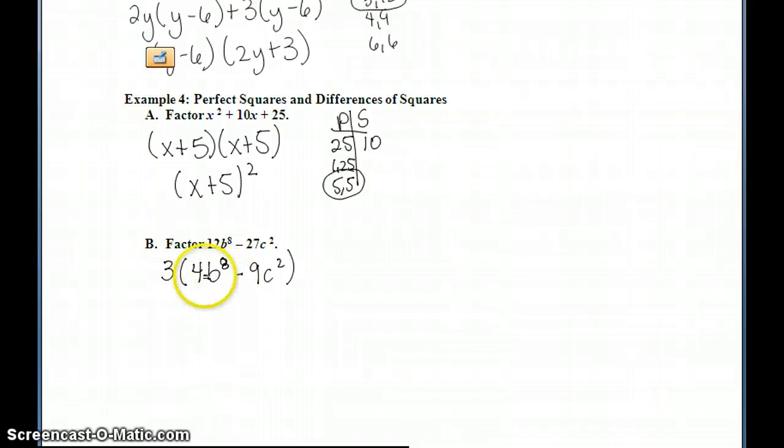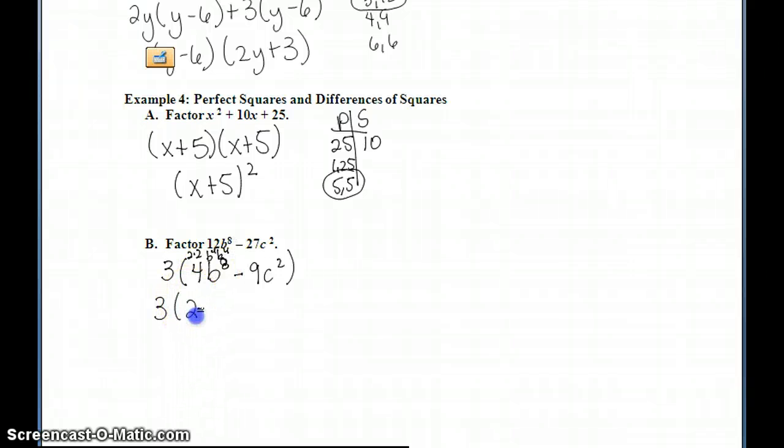And so from here, though, when I have a binomial, in other words, I have 2 terms, then what I'm looking at is maybe possibly them being perfect squares. And so my 4b to the 8th is a perfect square because 2 times 2 is 4. And b to the 4th times b to the 4th is b to the 8th.